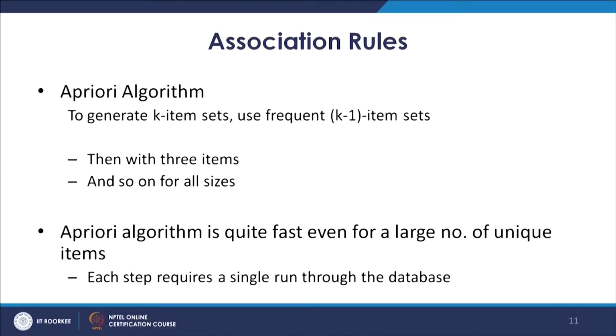We also did a small generalization, where we say that to generate k item sets we use frequent k minus 1 item sets. We also talked about the lower computational intensity required by the a priori algorithm, because in each step we just need to go through the database once. All those things we have discussed so far.